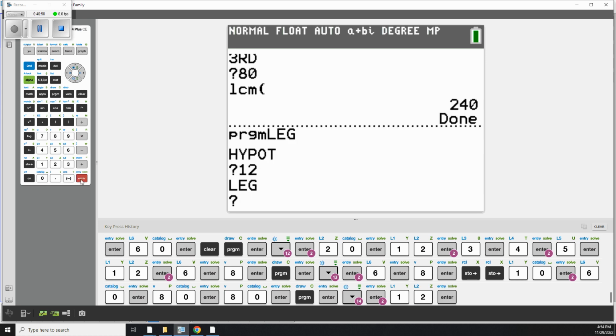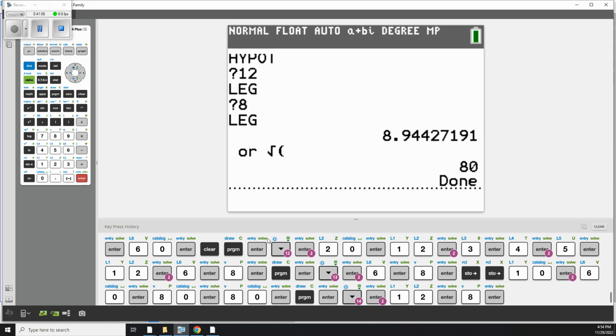And then it wants the leg second. Let's make something up, 8. If the hypotenuse is 12 and the leg is 8, ta-da! What's the third leg? 8.94, or there's my square root of 80. I can put it in rad simplifier and get it.